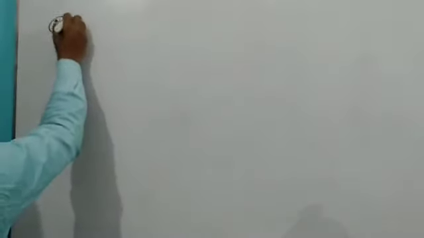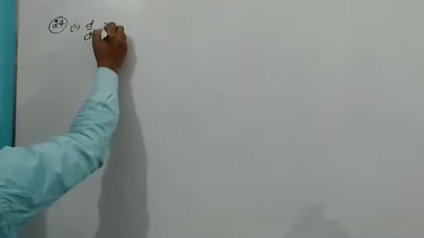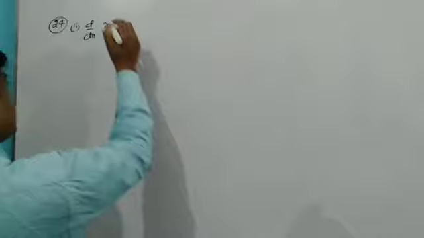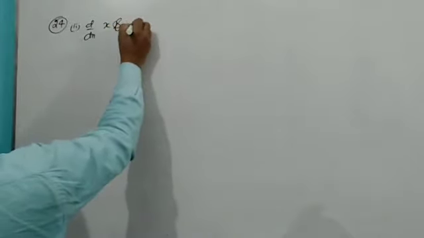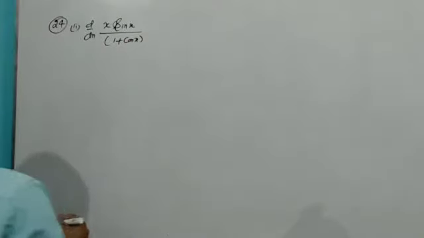Now, the question number 24 second part you can see. It's written d dx of x sin x whole upon 1 plus cos x.